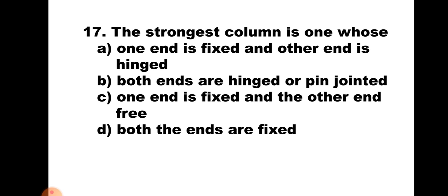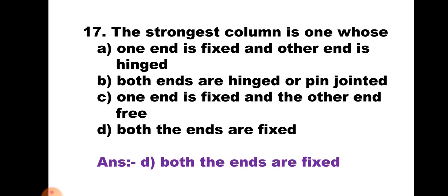So whenever the value of LE is minimum, as it is in the denominator, value of PE will be maximum, and value of LE, that is effective length, is minimum when both ends are fixed, and as it is minimum, its strength will be maximum and it will be the strongest column. Hence the correct answer of this question is D, both ends are fixed.